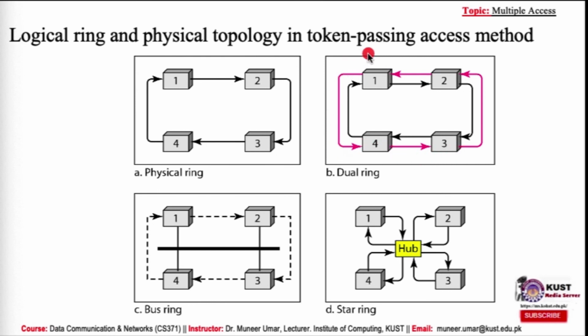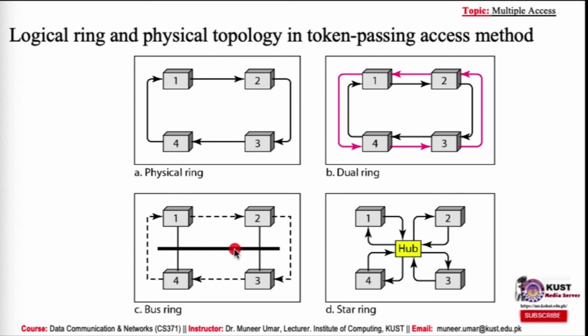This is used by FDDI, Fiber Distributed Data Interface, which is a high-speed token ring network. The devices are connected through fiber optics, and two fiber optics are designed to connect these devices, or we can say that there would be two rings made of fiber optics. One is the primary ring, and the second one is the secondary ring.